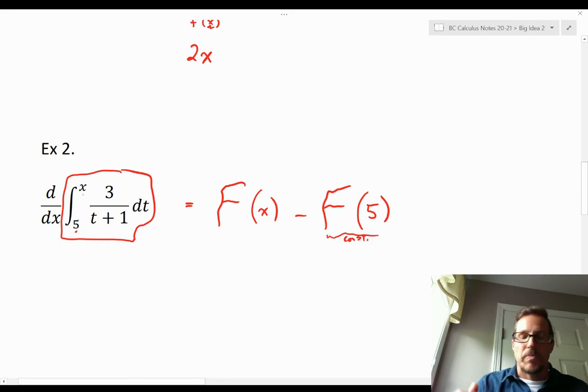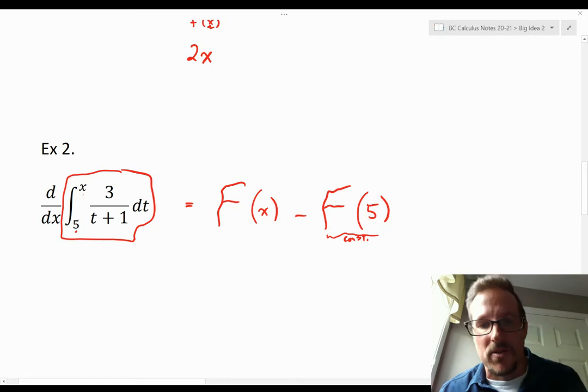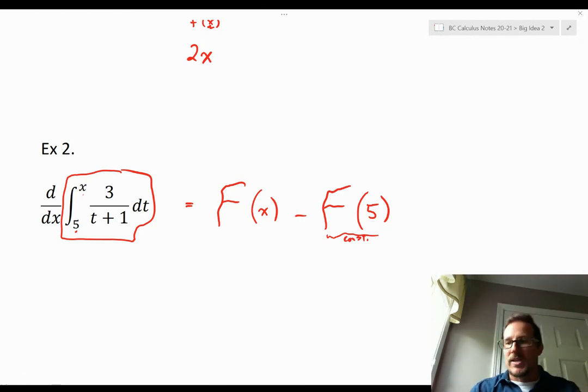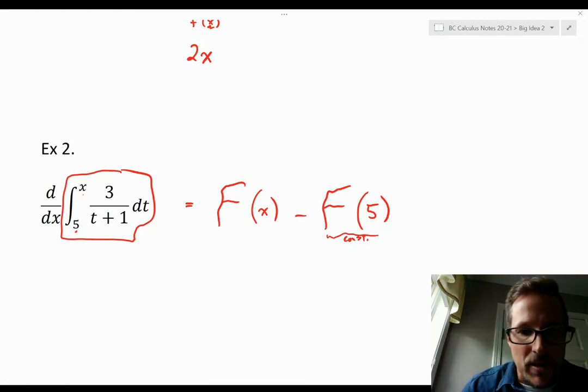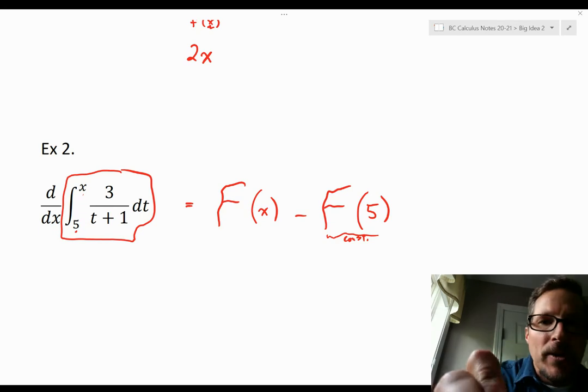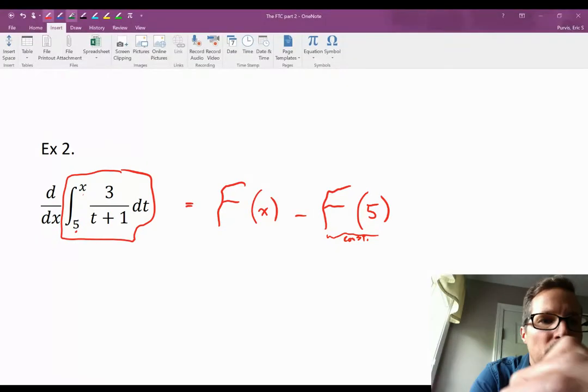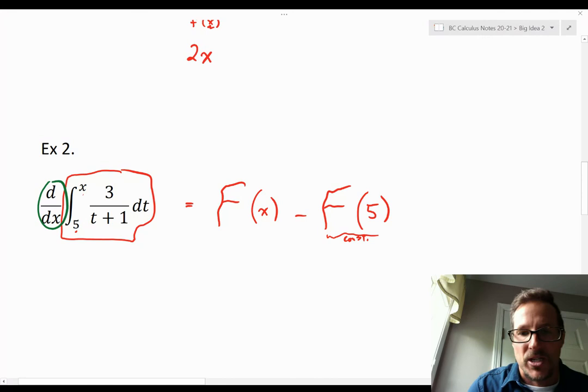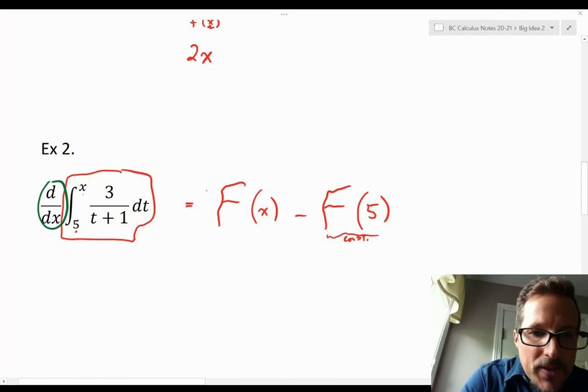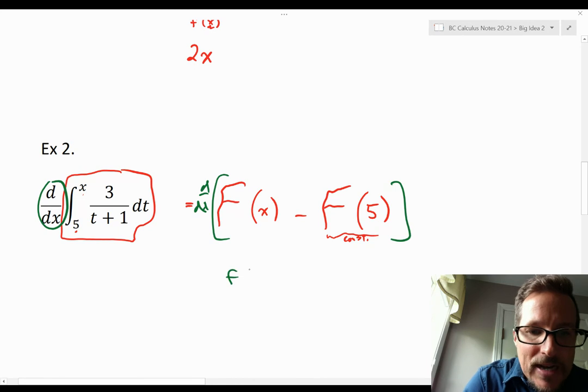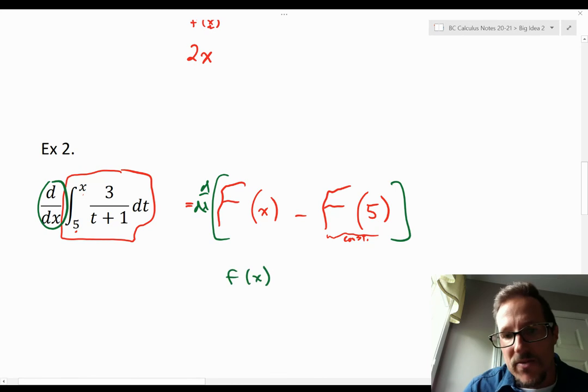We could spend all of our energies finding the antiderivative, getting an expression that's not outside of the realm of possibility, but what's the point? All I'm doing is turning around and asking for the derivative of that expression that you painstakingly found. It's going to be the derivative of this antiderivative, big F. It's right back to little f of x, and the derivative of that constant is 0.